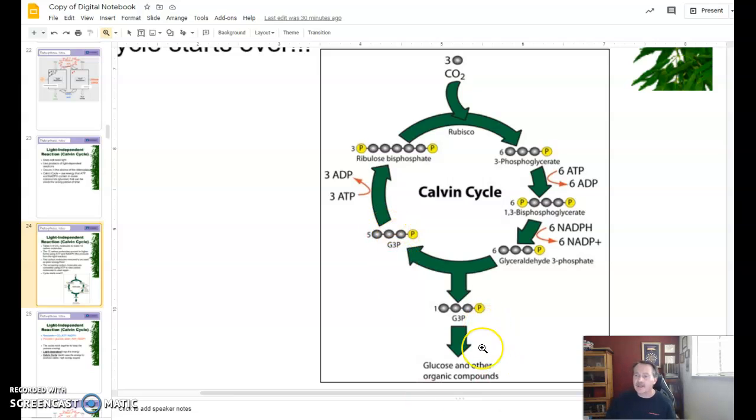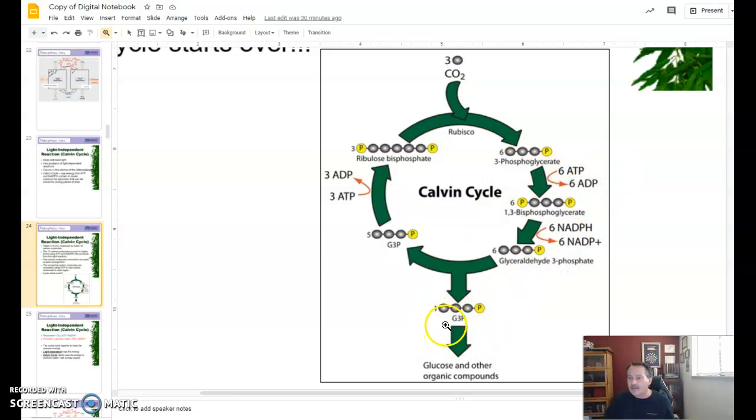Sorry, phosphates, ATP. NADP plus uses hydrogens and some other electrons. Okay, so these phosphates then go back to the thylakoids, go back to the light reaction, used to recharge the ATP battery, and then to be used all over again.